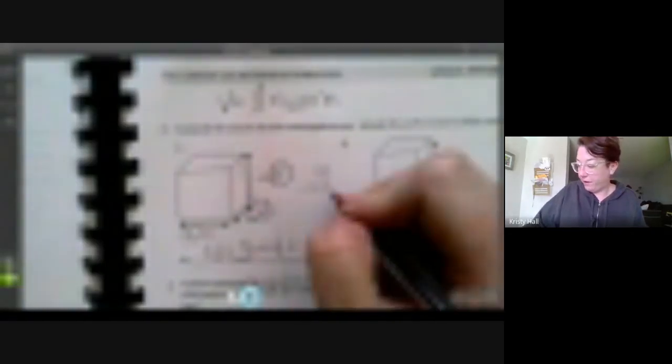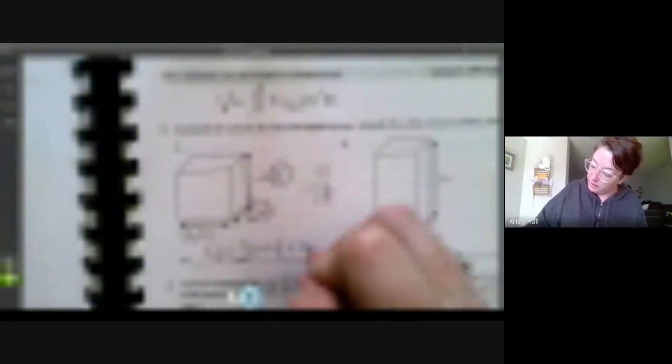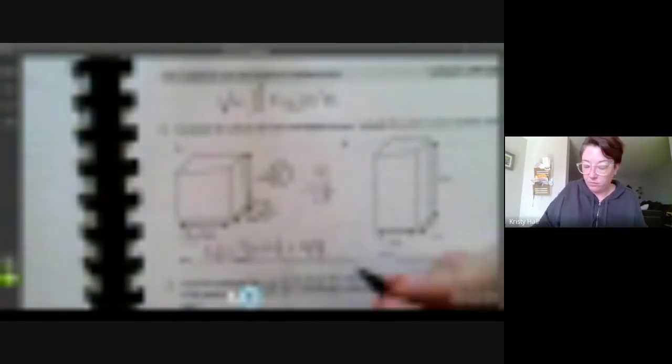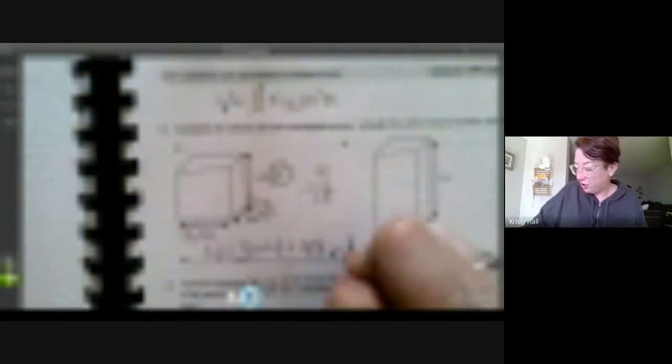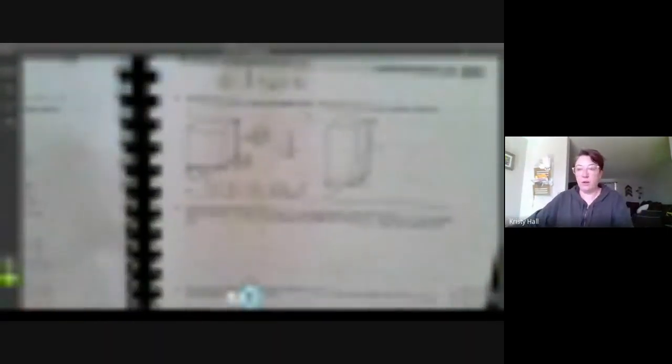Do it right there on your paper. 48. Yes. 4 times 2 is 8. 4 times 1 is 4. So this is 48. And I see that the unit is inches on this one. So it's going to be cubic inches. Anybody have any questions?